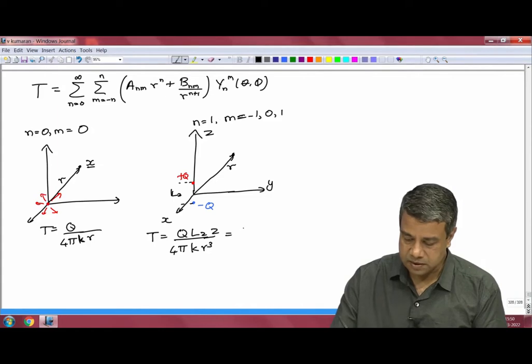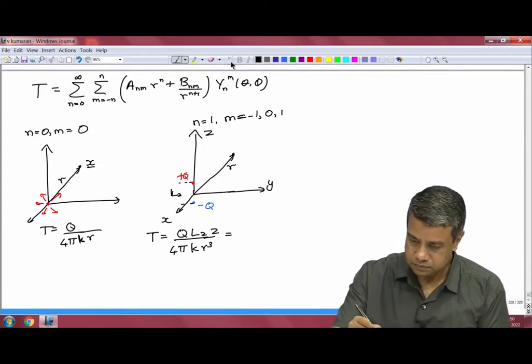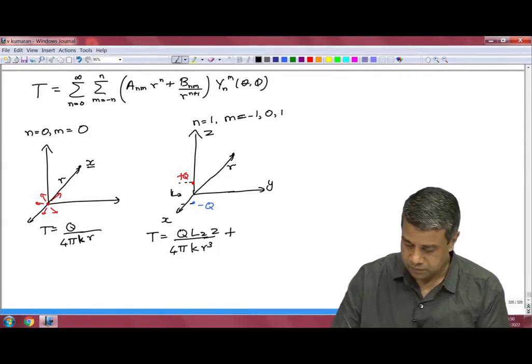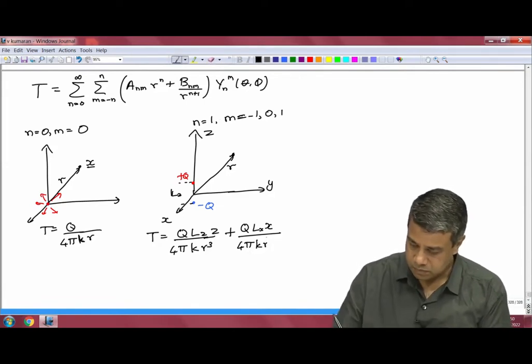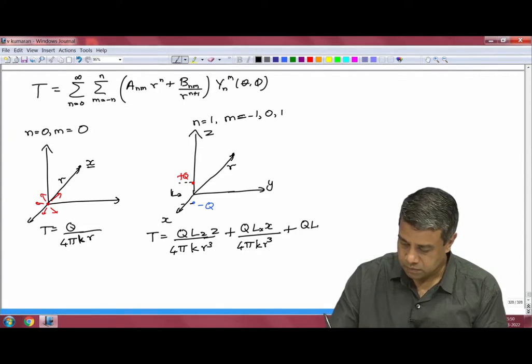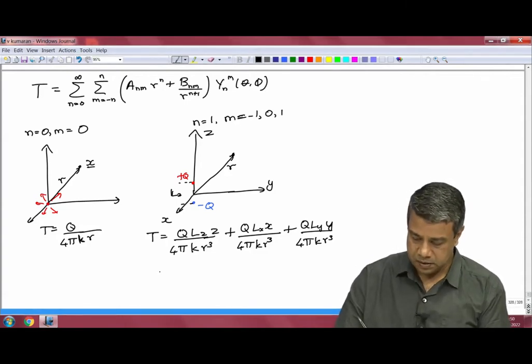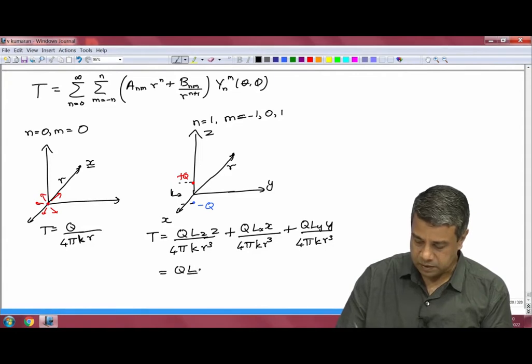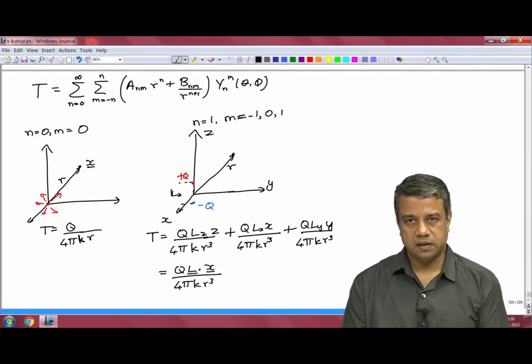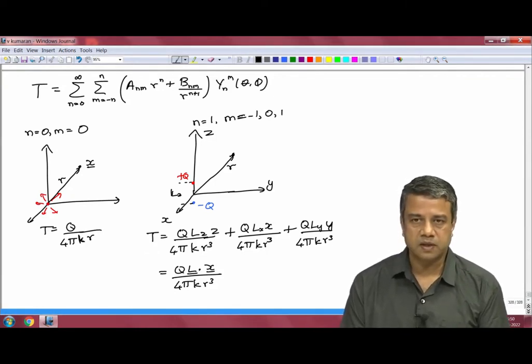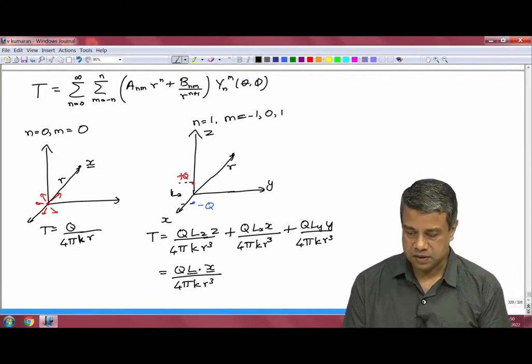So, the general expression for the temperature is q L vector dot x vector by 4 pi k r cubed, and this q times L vector is what is called the dipole moment, and this dipole moment is finite in the limit as the separation goes to 0.